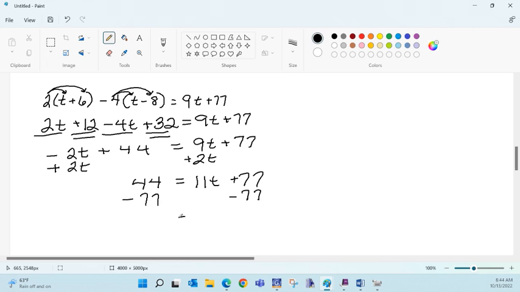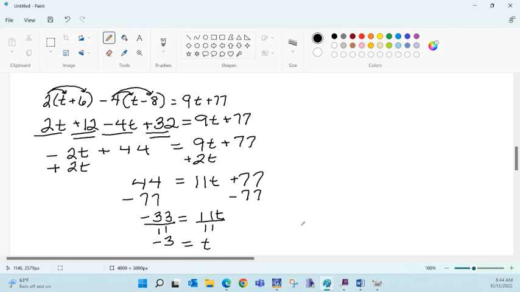And how much does that give you when you do minus 77? Negative 33. And then finally, what do you do? I divide by 11 on both sides. So t equals negative 3.